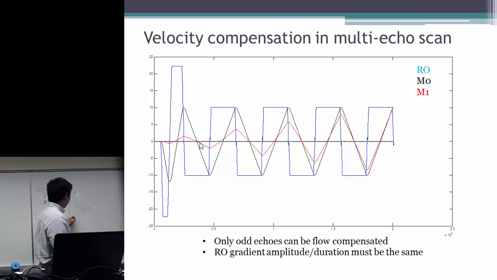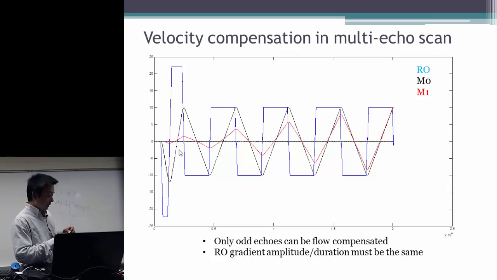If we simplify, M1 is proportional to G and tau squared. So if you just use this relation, you can actually calculate the M1 value at the center of each readout.